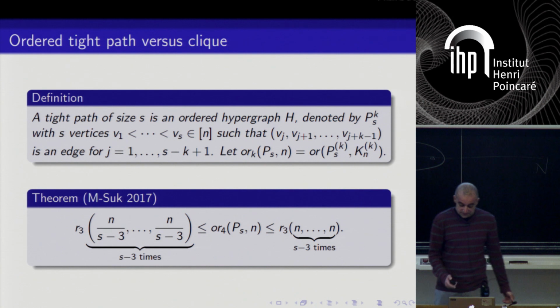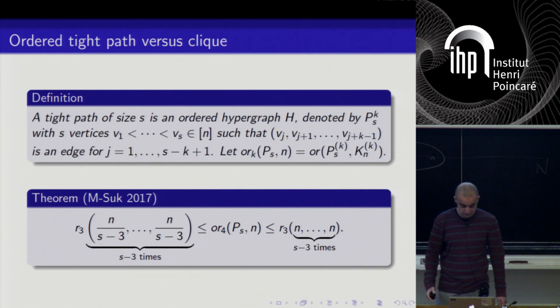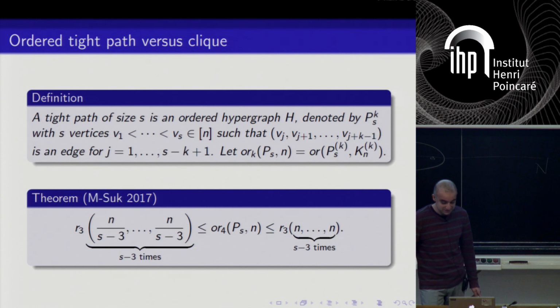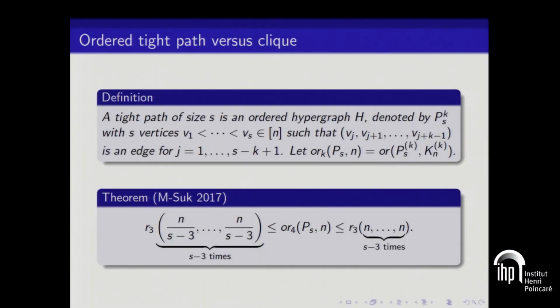So we felt very excited because this problem seemed easy, but of course it's equivalent, so it's not really easy. We don't know what the answer is, but it's an equivalent formulation.